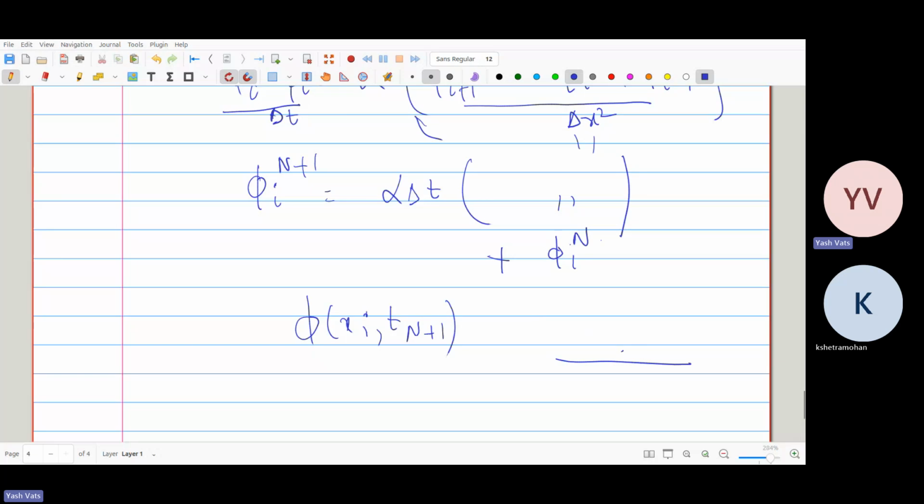So if it is like this, xi-1 and xi+1, then you have points at ti. So this is xi, and you have to calculate at tn+1, tn+2. To calculate at this, you need this value and this value, right?